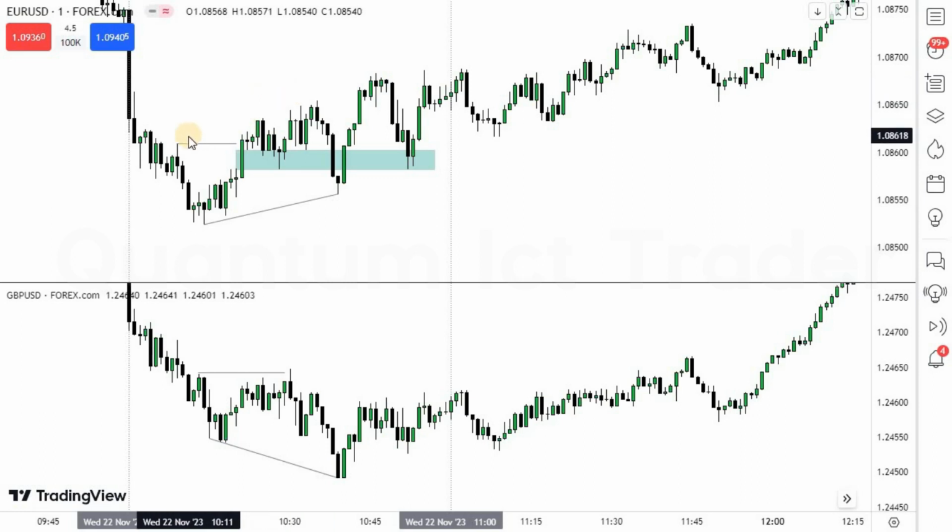So yeah, when we see a market structure shift and a fair value gap formed, you could see within our time window, in GBPUSDT, it created a lower low, where EURUSDT didn't create that lower low, it created a lower high, so it's stronger.